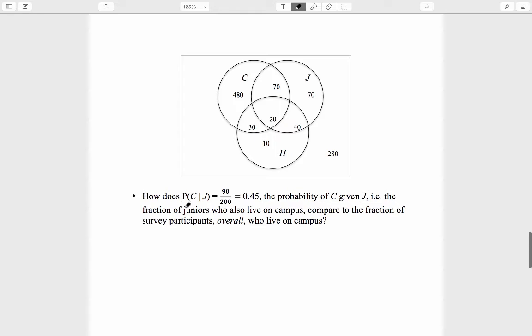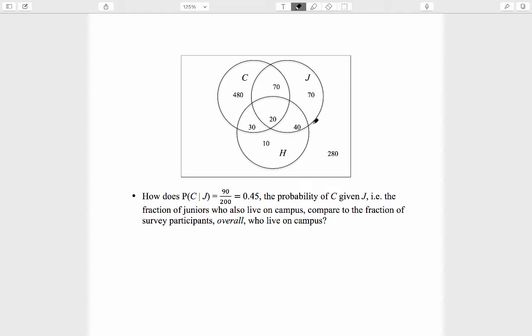We go on to ask, how does this probability that a randomly selected junior lives on campus, which is 0.45, compare to the fraction of survey participants overall who live on campus, which is the same as the probability that a randomly selected survey participant lives on campus? The meaning of the word overall here is that we are drawing from the entire survey population and not zooming in just on the J circle.